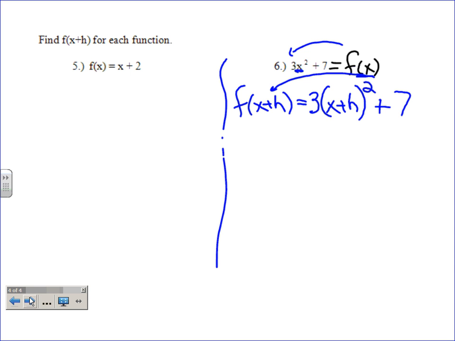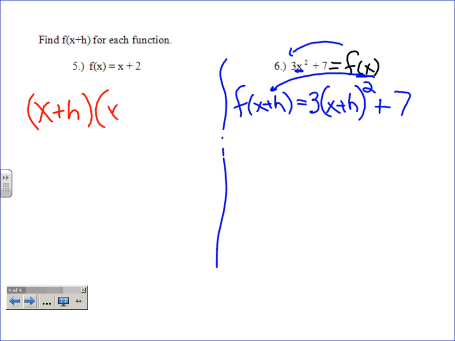Based on order of operations, what should I do first over there? Close. I have to square x plus h, which is a binomial. It has 2 terms, which means I have to take x plus h times x plus h for itself.